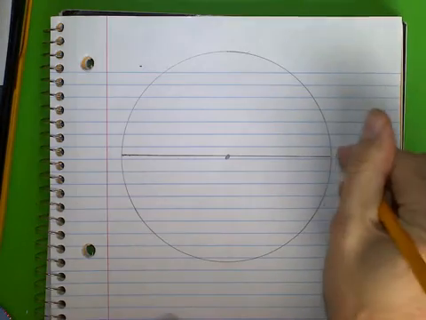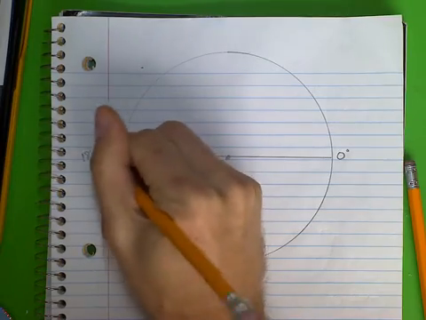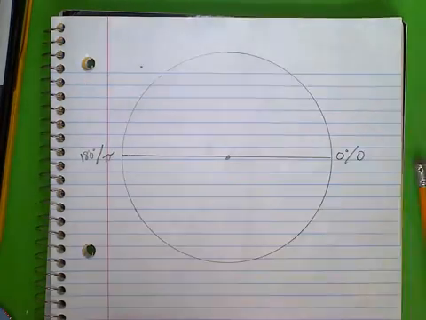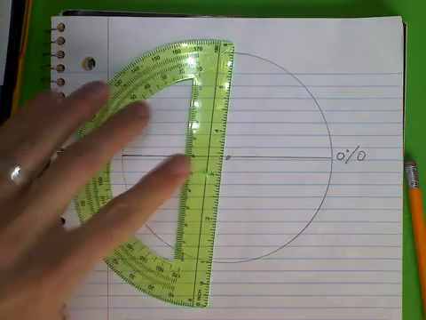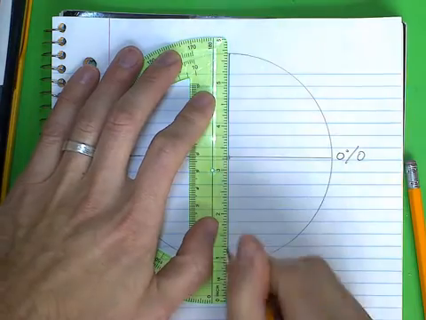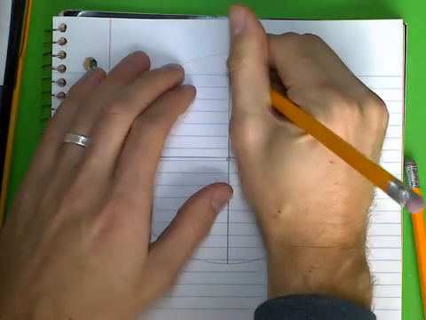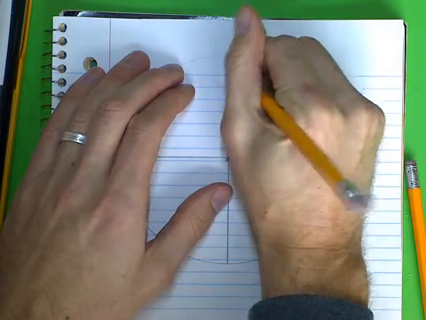So this is my 0 degrees and my 180 degrees, also known as pi, also known as 0 radians. And I'm going to go ahead and draw my vertical line here too, because that shows up on the clock. So this would be like, I'm going to write the times in here. So this is 12 o'clock.